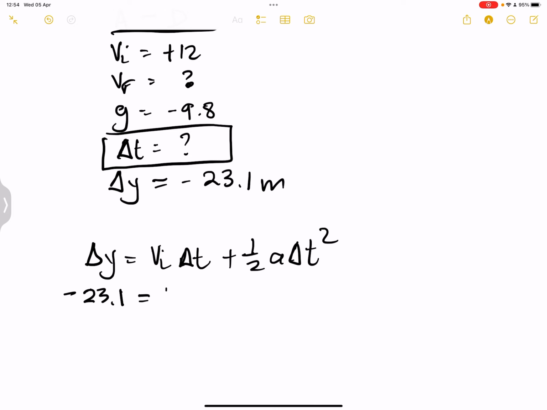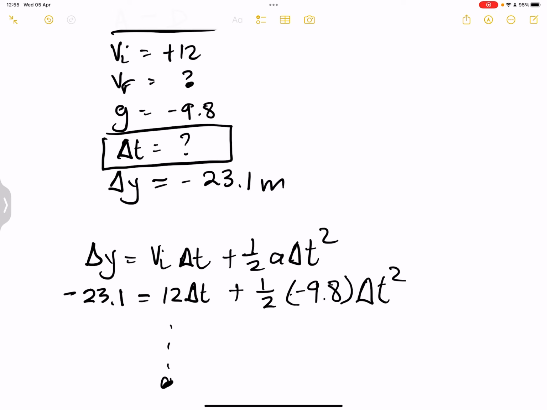The initial velocity is 12 delta t plus 1 over 2 times negative 9.8 delta t squared. You'll see that this gives us a quadratic equation. I am not in the mood of solving that quadratic equation. You can do so perhaps at your own leisure, in your own time.